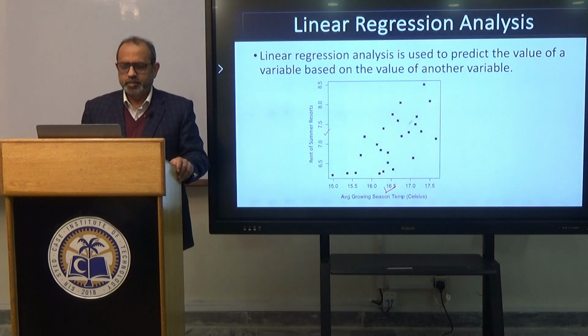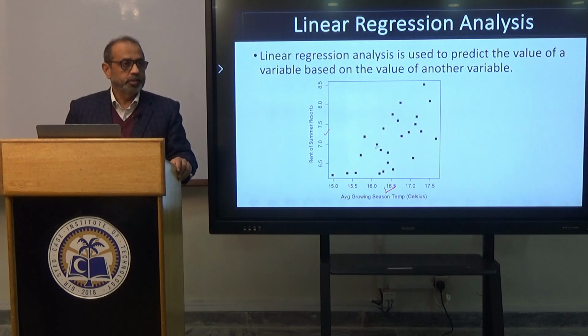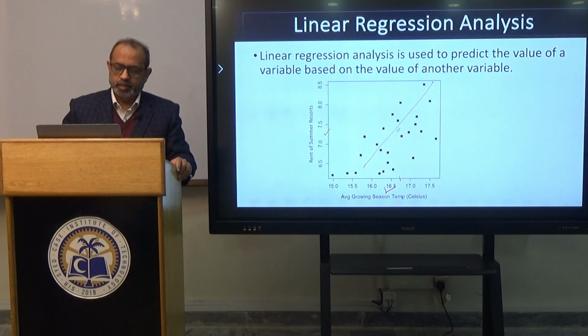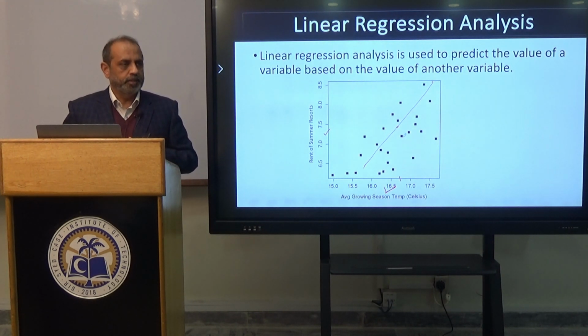As temperature increases, there is a trend that the rents are also increasing. So sometimes you want to just estimate, like there are some sample resorts where the data is available, but assuming that there may be a location where you don't really know, at this temperature, and you still want to find out what type of rent I should be expecting to pay. There you need to just look at the trend.